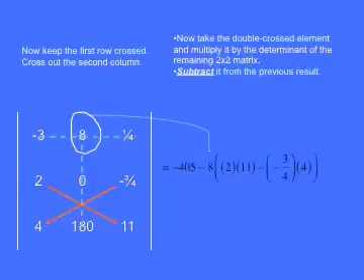So our first calculation yielded a -405. Now we'll subtract the 8, which was our double-crossed item, times the 2 times 11 minus the -3/4 times 4.